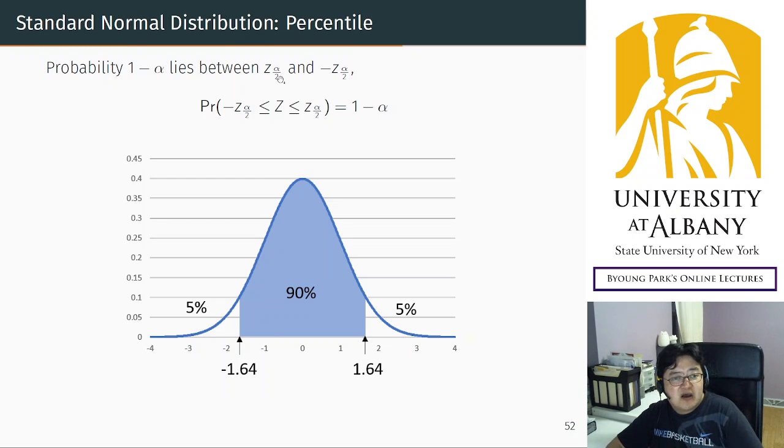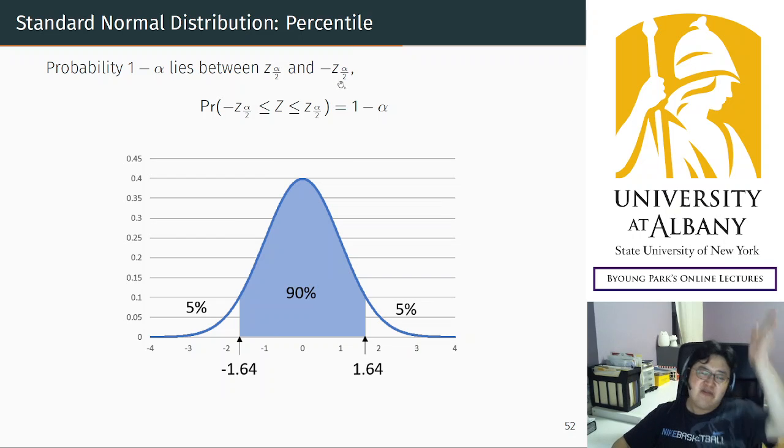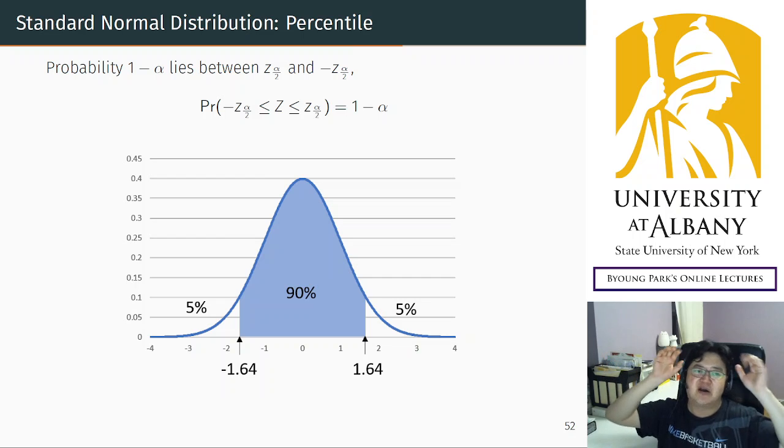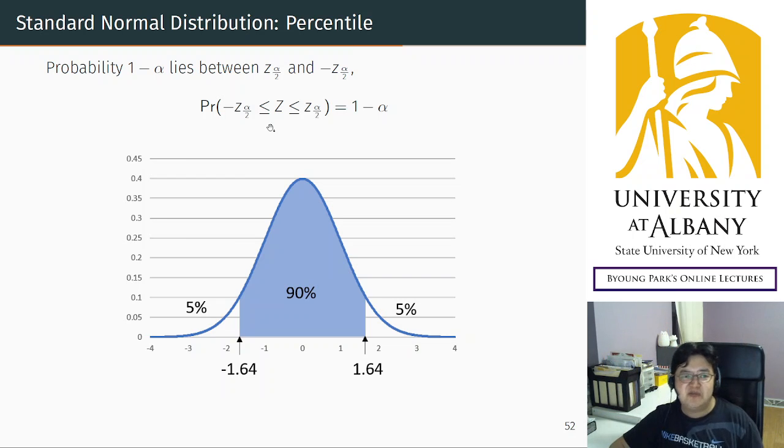So z alpha over 2 is the top alpha over 2% value. If you cut at that point, then the top alpha over 2% is gone. And minus of that is the bottom alpha over 2%. If you cut at that point, alpha over 2% from the bottom is gone. In that way, alpha over 2 is cut out from each tail.